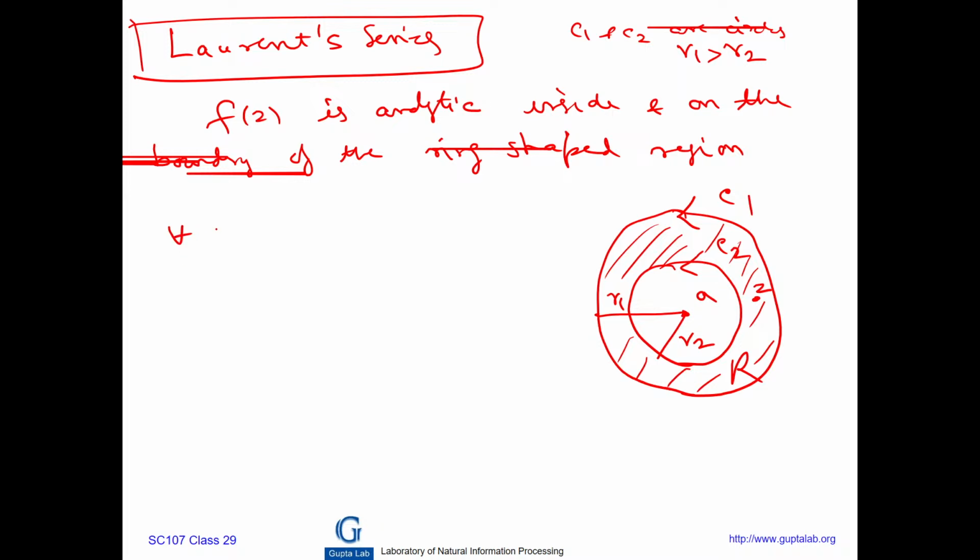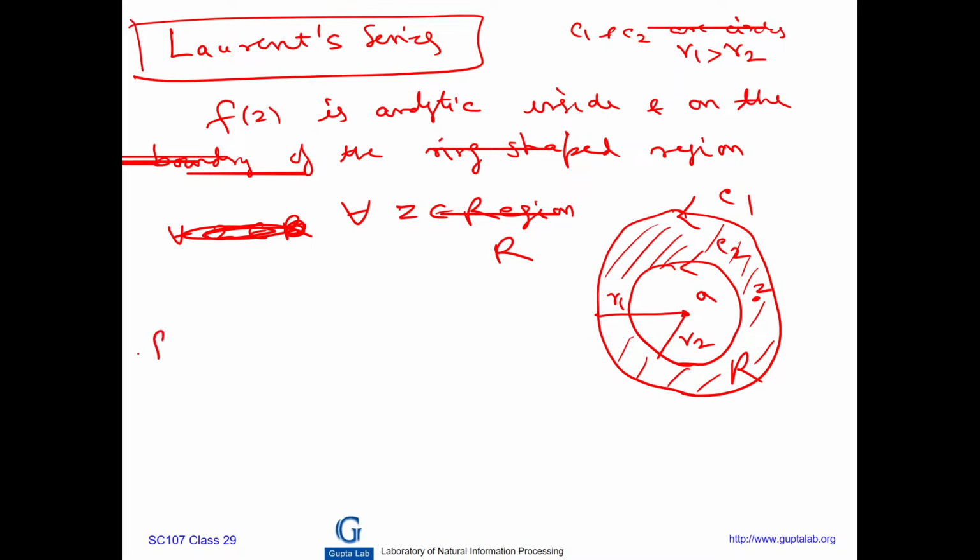Then for every z in R, z is moving in this region R, right?